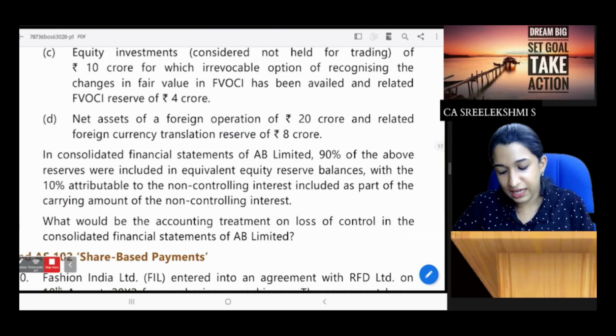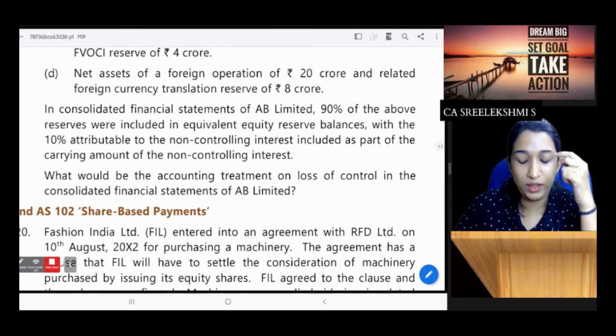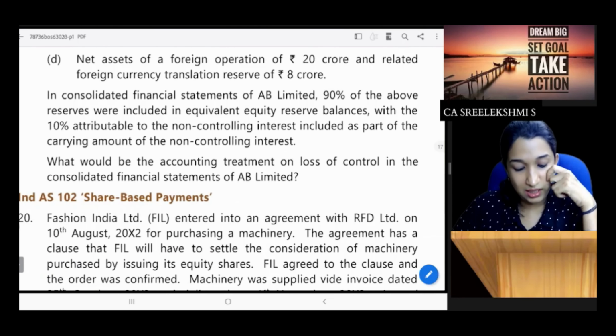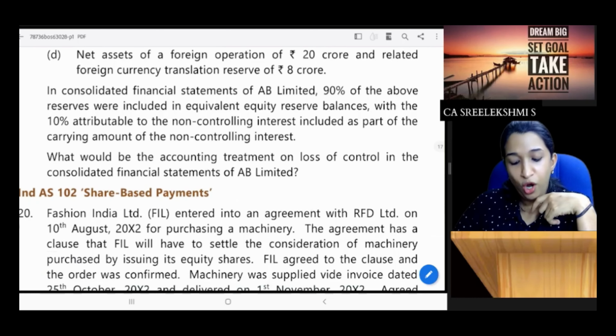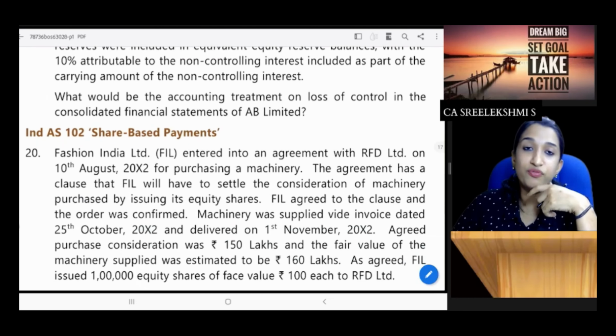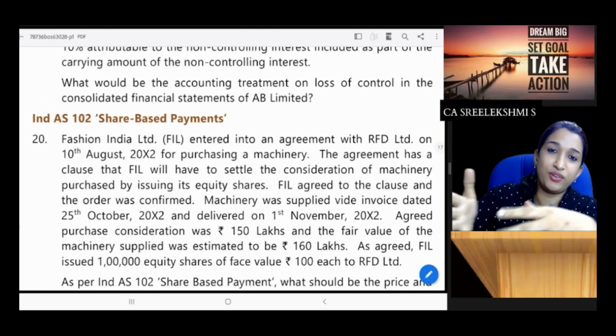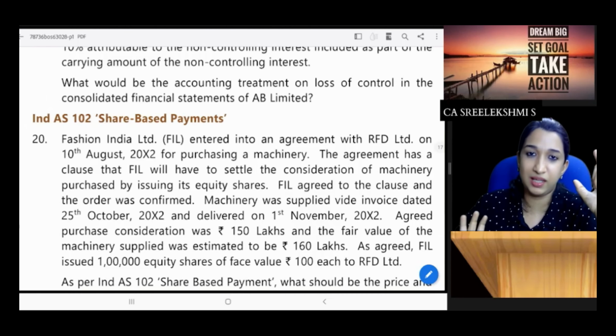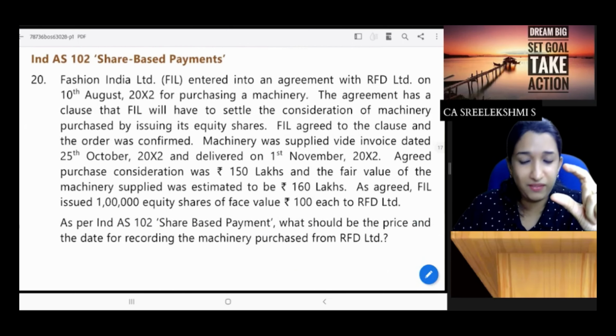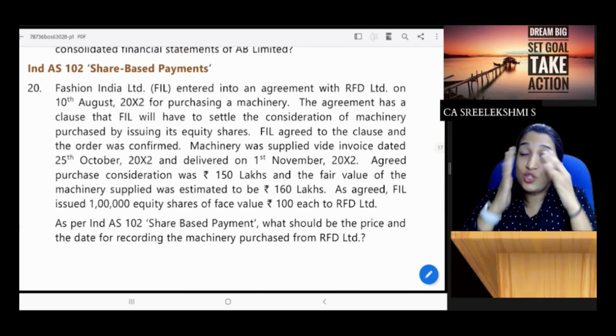In CFS, 90% of the above reserves were included in equivalent equity reserve balances with 10% attributable to NCI. What would be the accounting treatment on loss of control? Pass this journal entry, then reclassification entries. That's it. Very easy, straight from study material. So that is why I'm not giving much importance. This question is super easy.